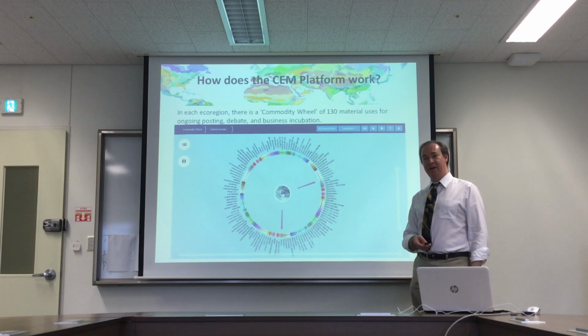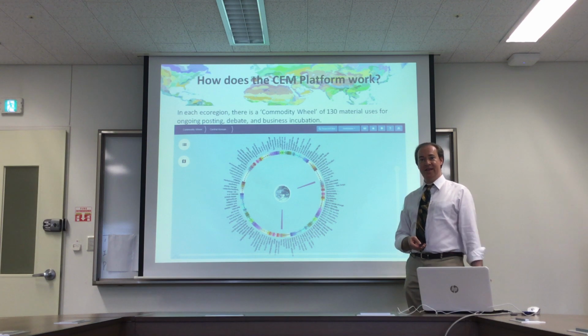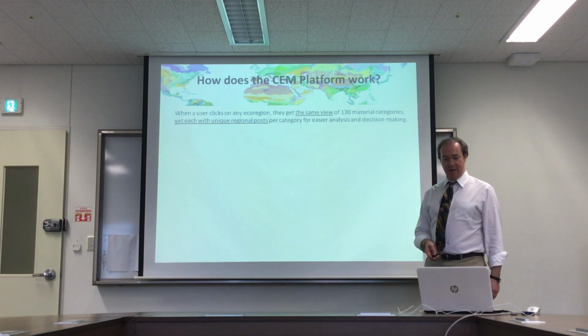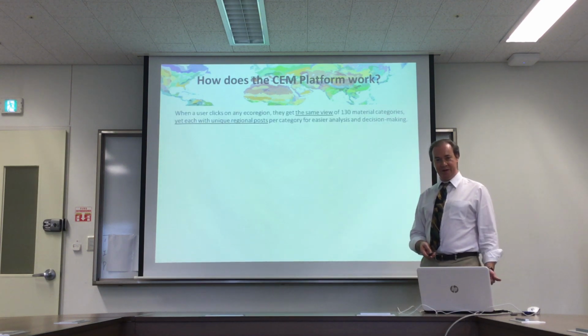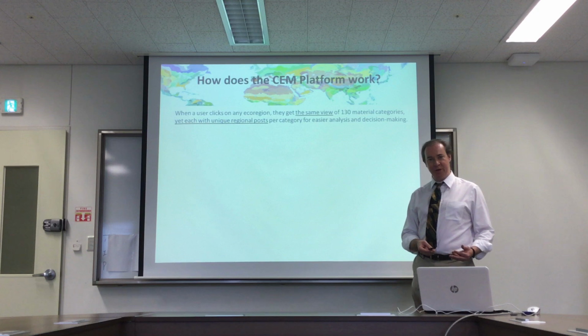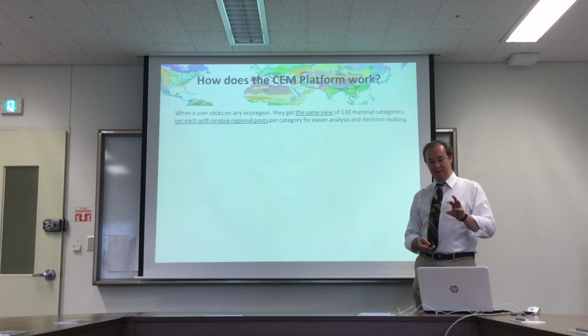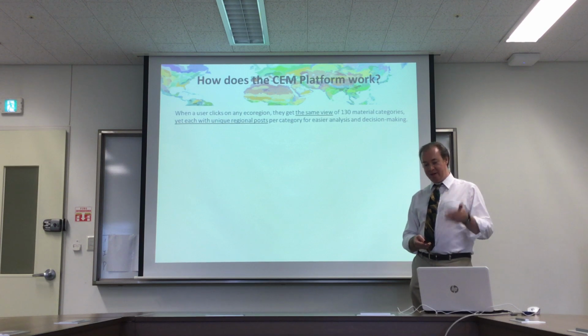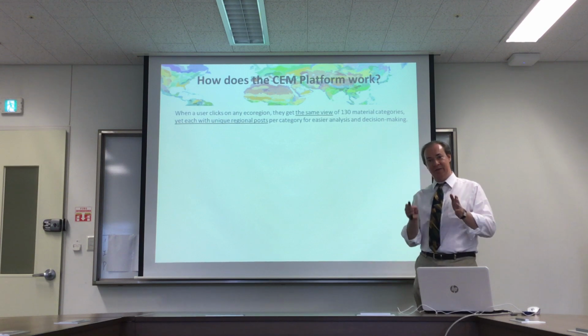And so if you're looking for good ideas, come to this commodity wheel, come to the CEM platform. Anyway, when a user clicks on the ecoregion, they get that same view of 130 material categories. Yet each region has its unique regional posts per category for easier analysis and decision making exclusively for those people in that particular region.